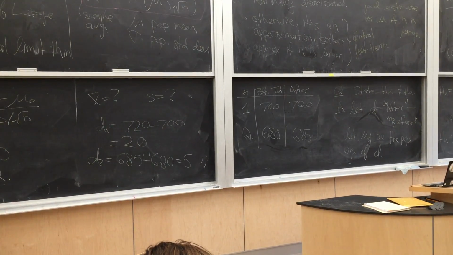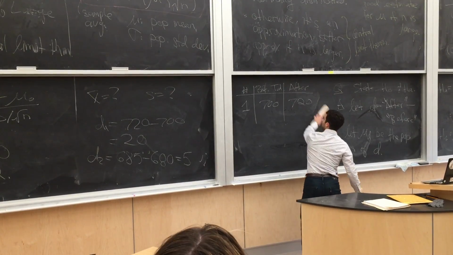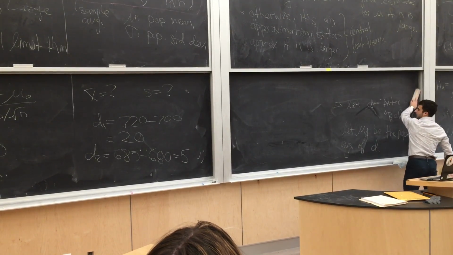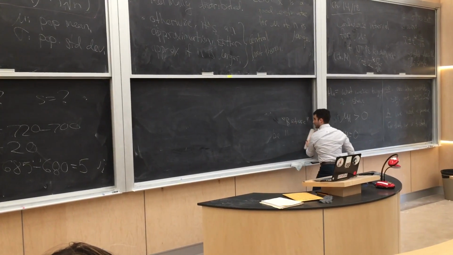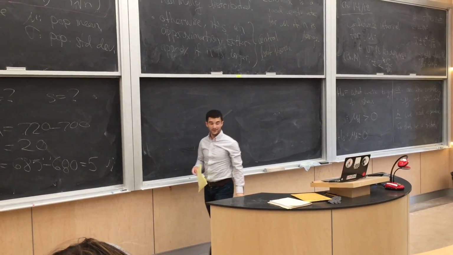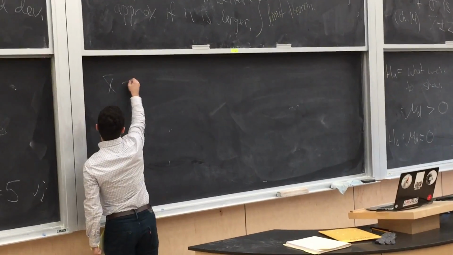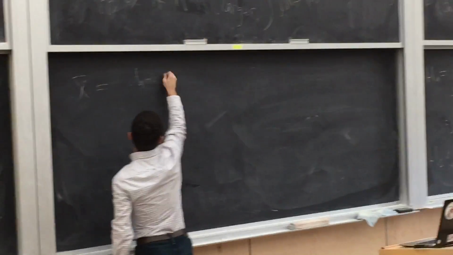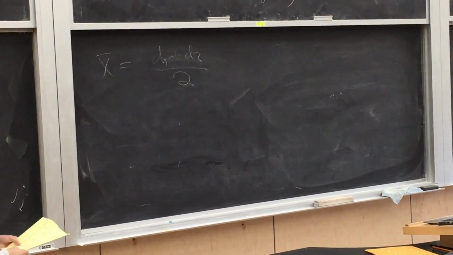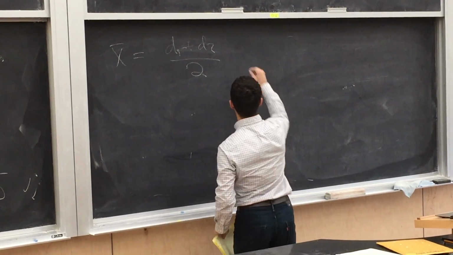Then you do the messy part, which is finding the average of those two numbers and the standard deviation. The average is going to be D1 plus D2 over 2. That ends up being 12.5.